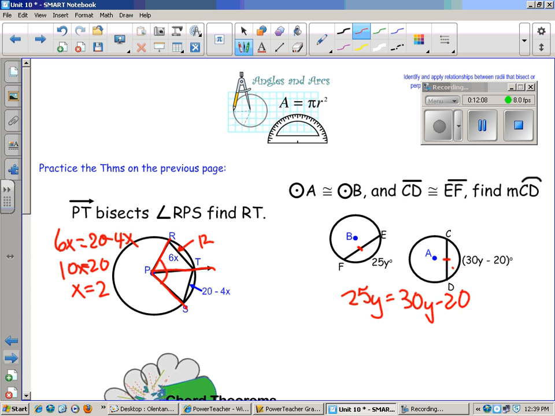Add 20 to both sides, subtract 25y from both sides, and I get 20 equals 5y. Divide by 5, and that gives me 4 equals y. And then plug 4 in here. What's 25 times 4? 100. So if this arc is 100, what's this one? 100. So far, so good? Okay.